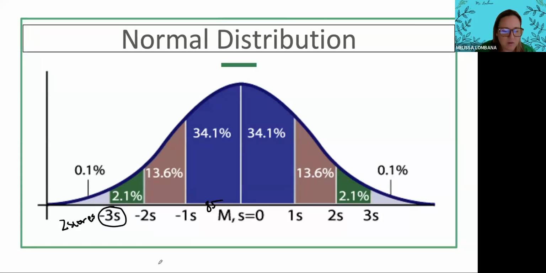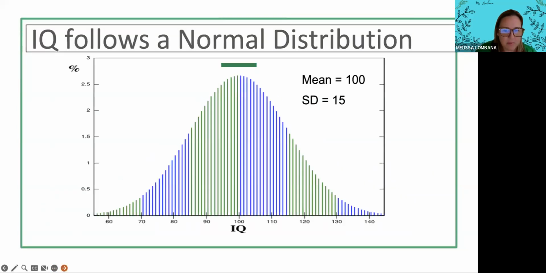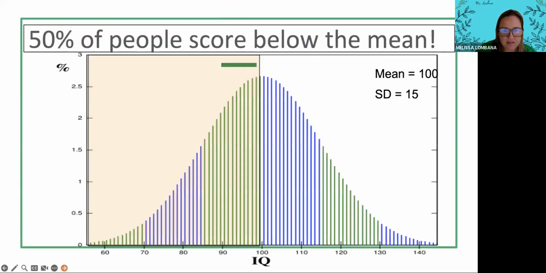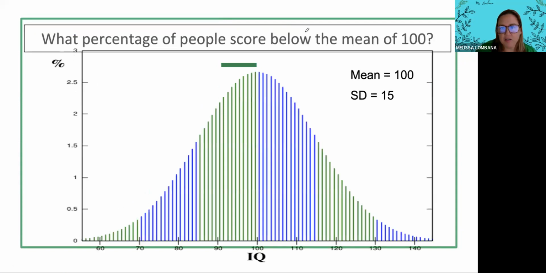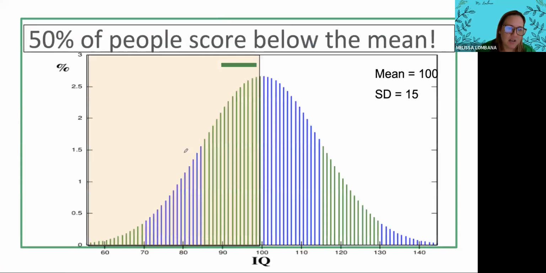Okay, so this is where it gets a little bit complicated. Let me see if there's a better graph for that. So if you look here, if I tell you what percentage score below the mean, so this is the mean, and it's basically everybody on this side, and if I calculate that, it's 50%. Okay, and then this side is 50% get above the mean. This is above, this is below.